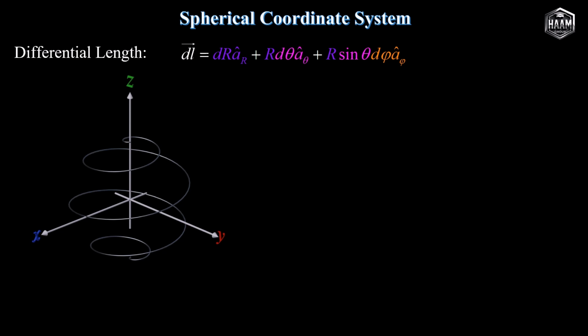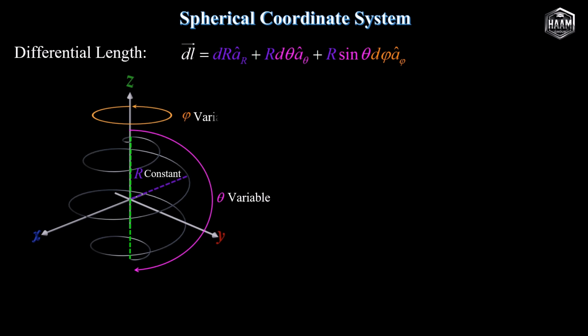Here, with the z-axis, the distance of points on this particular path to the center, that is capital R, is constant, while theta varies among the points on this path. Their theta values are not fixed. These points also revolve around z, so phi varies as well.